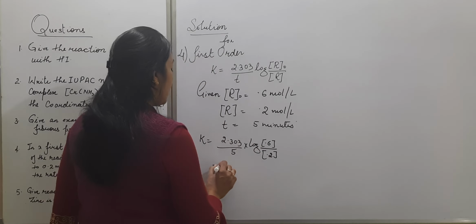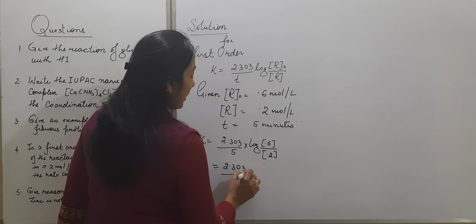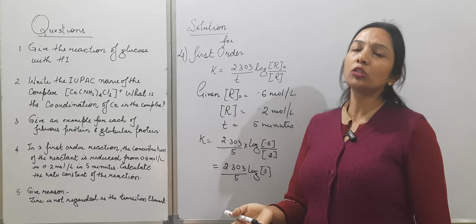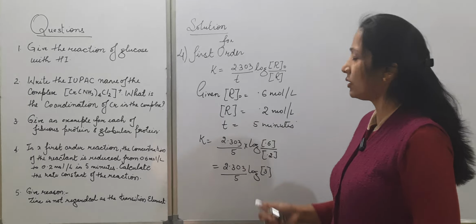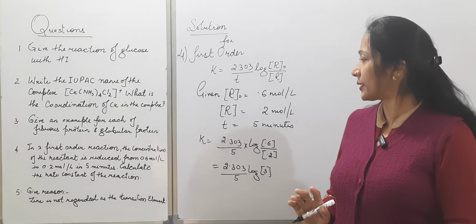So all together, 2.303 by 5 log 3. If you write up to this, you can get the full marks, because if a log book is provided to you, you can just find the log of 3. Otherwise you can leave it like this, and you can get the full marks for that.